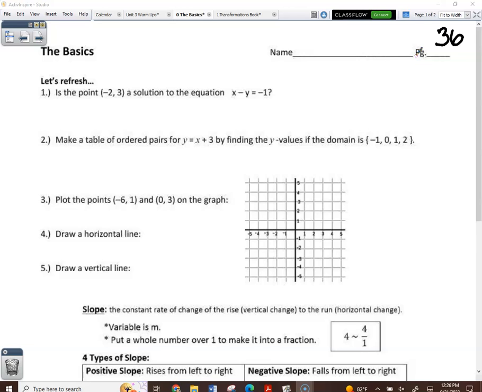How do we do it on paper? Well, what does a coordinate point represent? What letters? X and y. Okay, so you just plug it in.